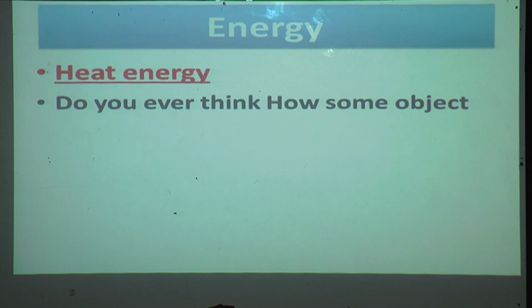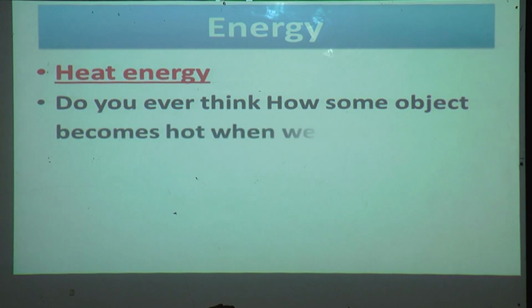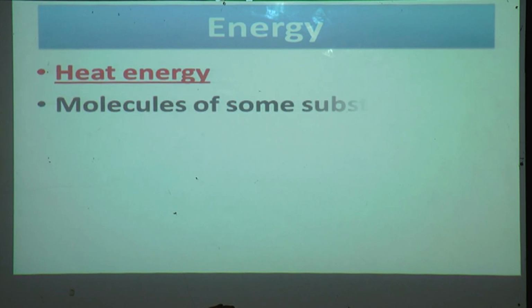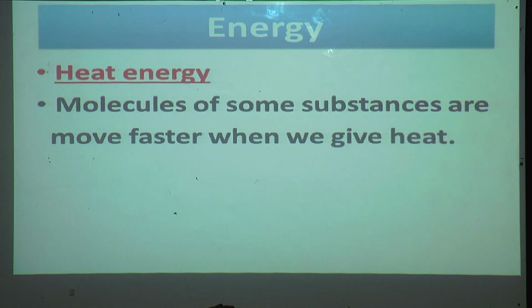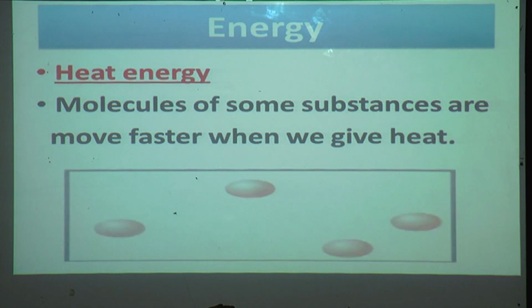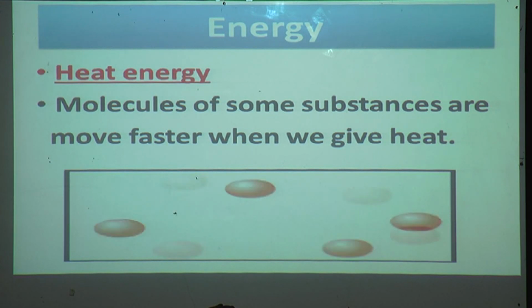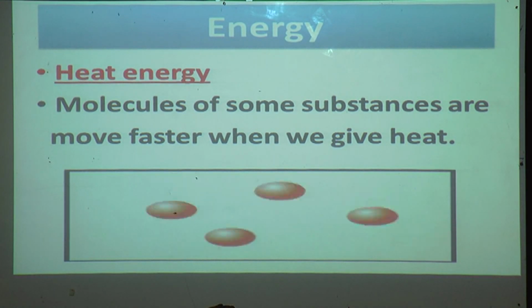Do you ever think how some objects become hot when we keep them on burning gas? Yes, do you know how they are becoming hot? Molecules of some substances move faster when we give heat. If we burn something, the molecules of that substance move very fast.